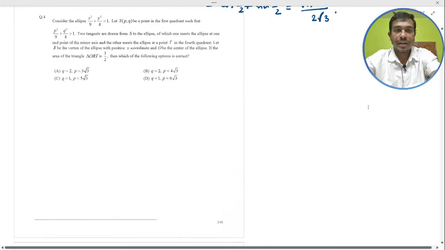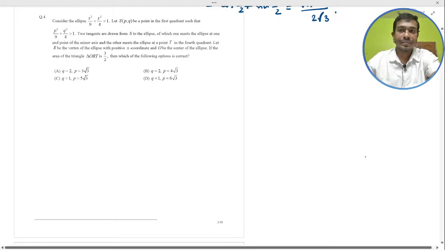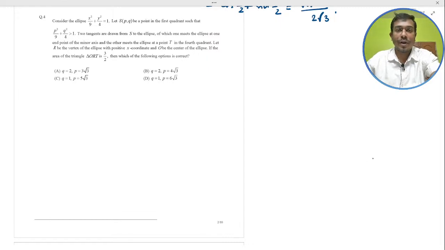Next question. Question number 4. Consider the ellipse x square by 9 plus y square by 4 equal to 1. Let S(p, q) be a point in the first quadrant such that p square by 9 plus q square by 4 is greater than 1.